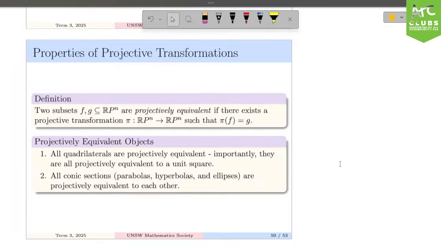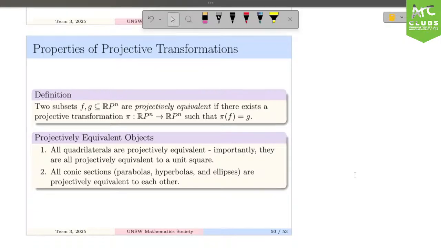And we have a claim here that all quadrilaterals are projectively equivalent to each other. You can prove this by proving that they're all projectively equivalent to the unit square, and then proving that projective equivalence is transitive. Similarly, we also have that all conic sections are projectively equivalent to each other. Proof of these is left as an exercise to the audience.